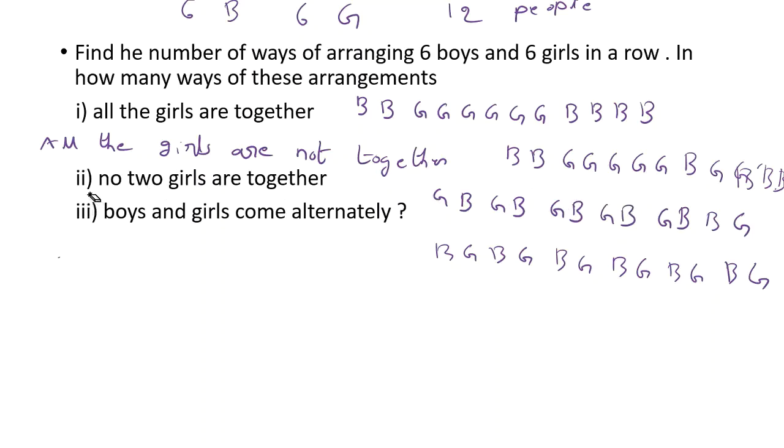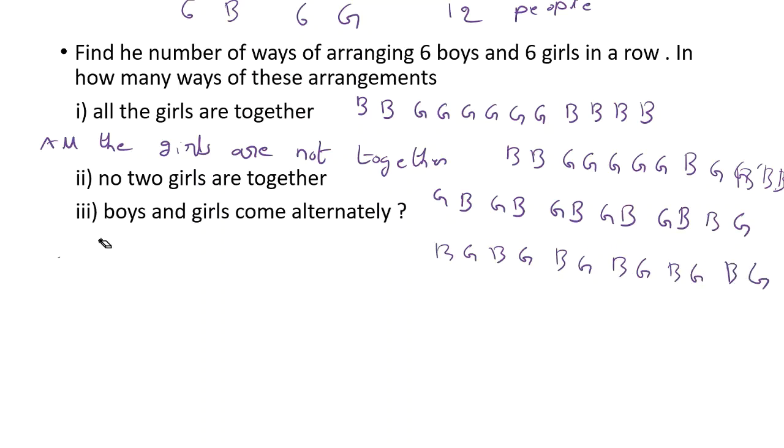Now, coming to the third one, no two girls are together. No two girls are together means all the girls should be scattered. So this is an arrangement in which all the girls are scattered. So no girl is sitting beside a girl. Now, but in this position we have two boys who are sitting side by side. Now we have to address the fourth one.